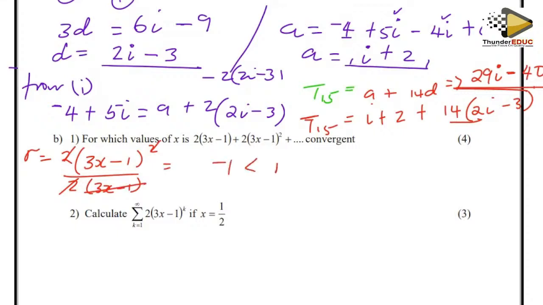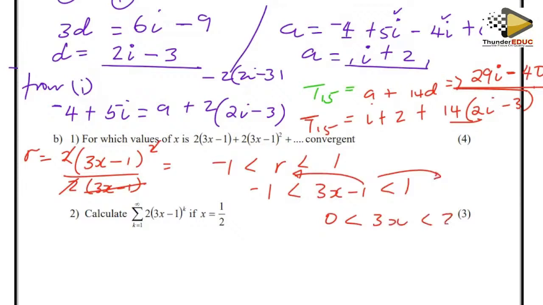So negative 1 is less than r is less than 1. Negative 1 is less than 3x minus 1 is less than 1. So move the 1 first. When I move this 1 that side to be a plus, I'll end up with a 0. It's plus 3x. When I move the 1 that side, I'm going to end up with a 2, since it's going to be plus 1 and then plus 1. Then divide through by 3. So 0 divided by 3 is going to be a 0. 0 is less than x is less than 2/3. So those are the values of x between 0 and 2/3.